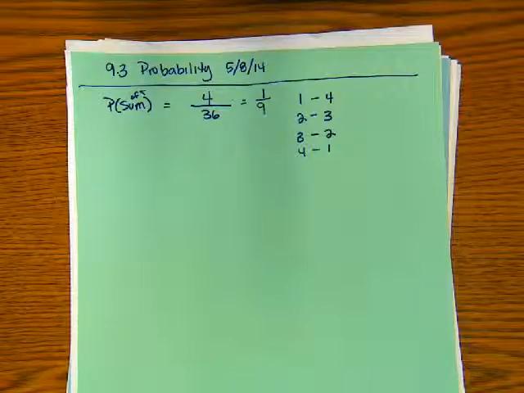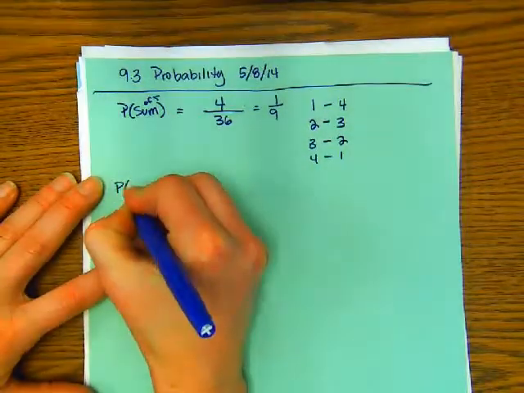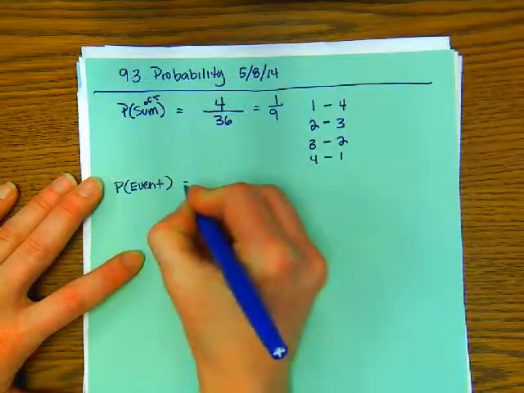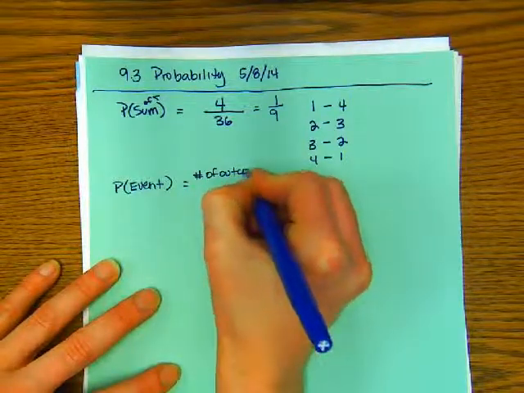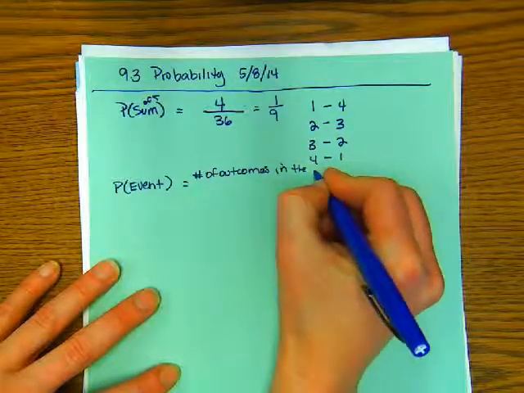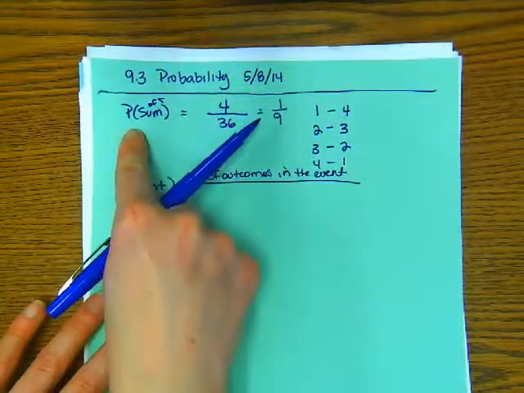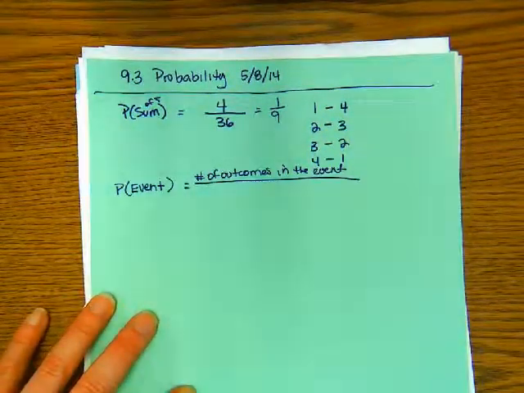Just basic probability that you've probably learned about in algebra. Some things that we need to remember today, if we are talking about how to find the probability of some kind of event, in general, it's going to be the number of outcomes in the event. That's what I was just doing. I was saying, hey, my event was sum of 5. Number of ways I could get a 5, and then I counted them.